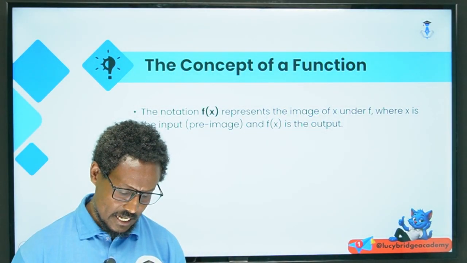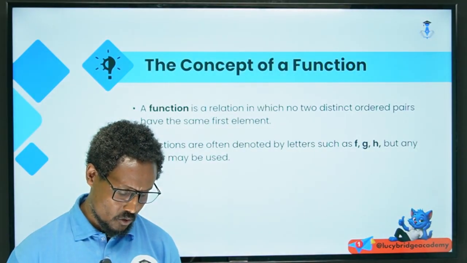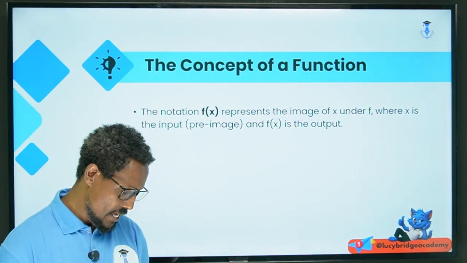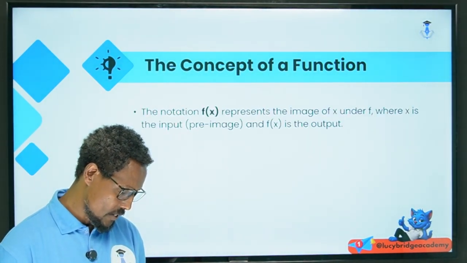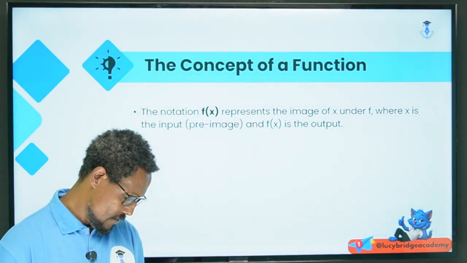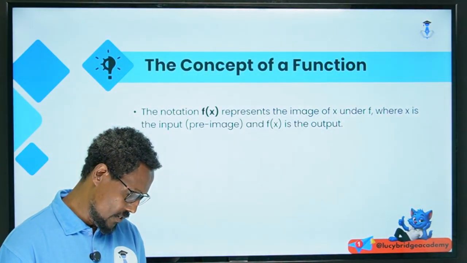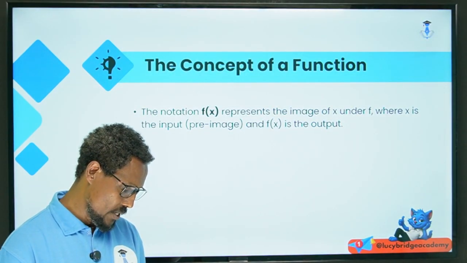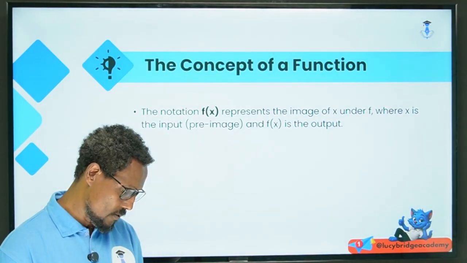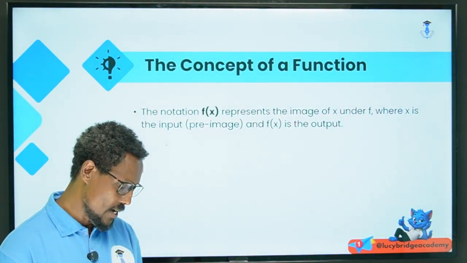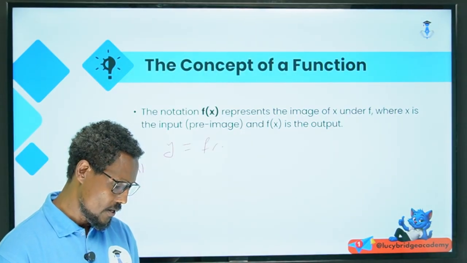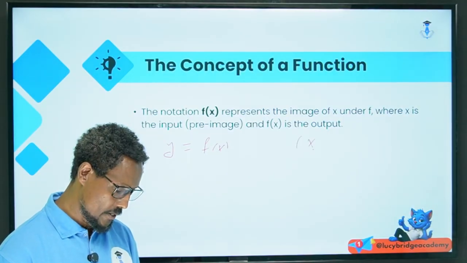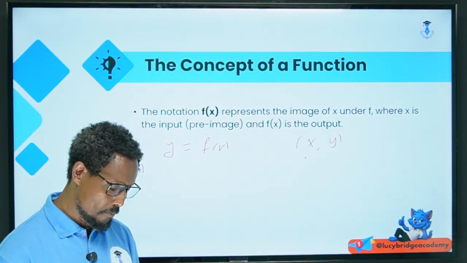Don't forget that the elements of a function are ordered pairs, okay? Ordered pairs x comma y. A function is represented by x comma y, right? Sometimes we write y as f of x, okay, f of x. We can write y is equal to f of x. So we know that x, the first one, is input.